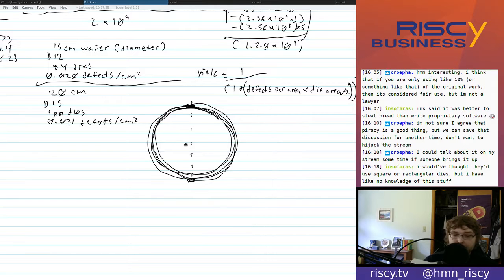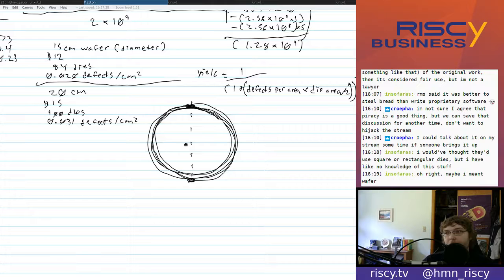That's all it tells us. So we don't know whether the dies are rectangular or square. Oh no, the wafers are circular. The wafers are circles. But the dies are either squares or rectangles.